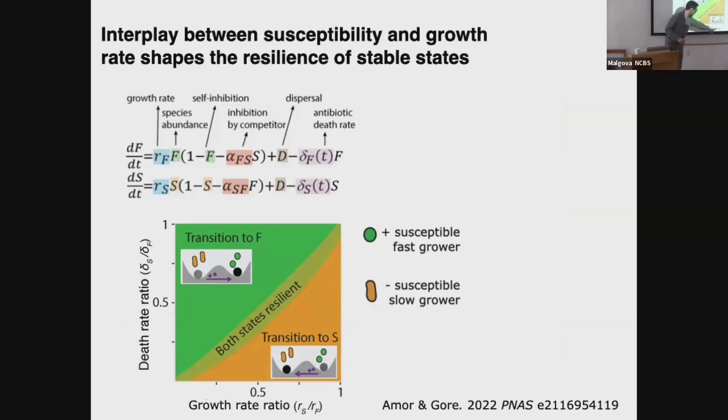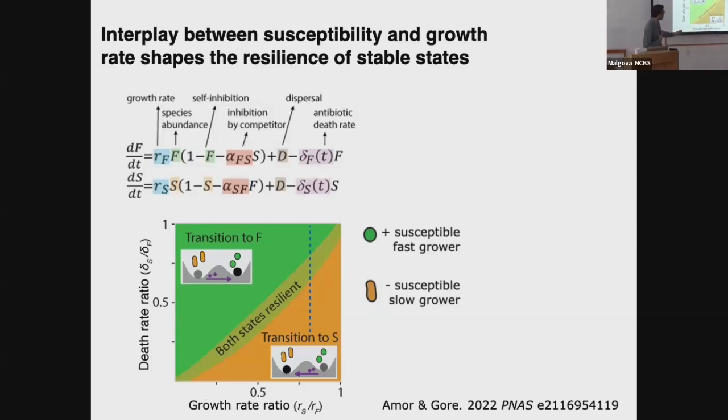Here we fix the growth rate of the first species, and we decrease the one of the other one. And then we apply these antibiotic perturbations. And what we see is that there is a region in which the green microbe always wins, another one in which both the states are resilient, and another one in which the antibiotic perturbation would favor the orange microbe.